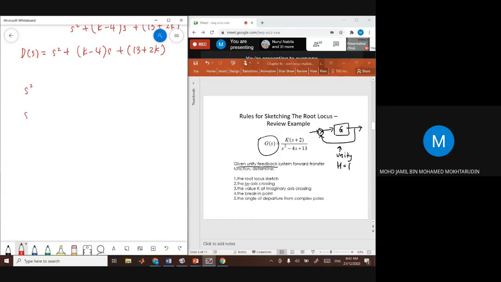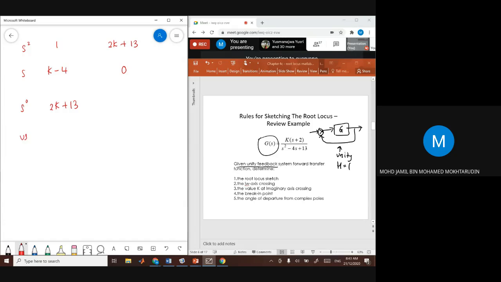So we start with S squared and then S. Okay, so from the Routh-Hurwitz table, use row S1. So K minus 4 equals 0. And you get K equals 4.